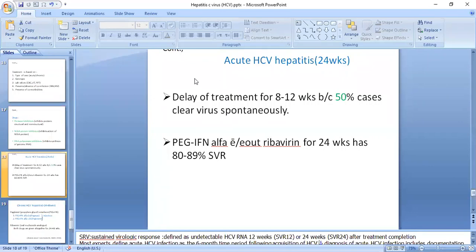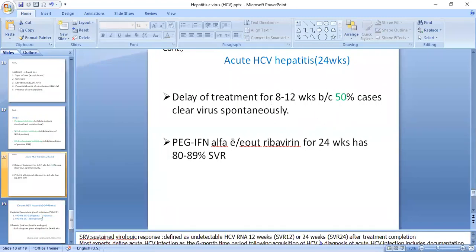So there is a delay of treatment for 8 to 12 weeks when the patient is diagnosed with acute hepatitis C virus, so that the patient can recover by himself or herself, and after this period we decide to give the proper treatment.